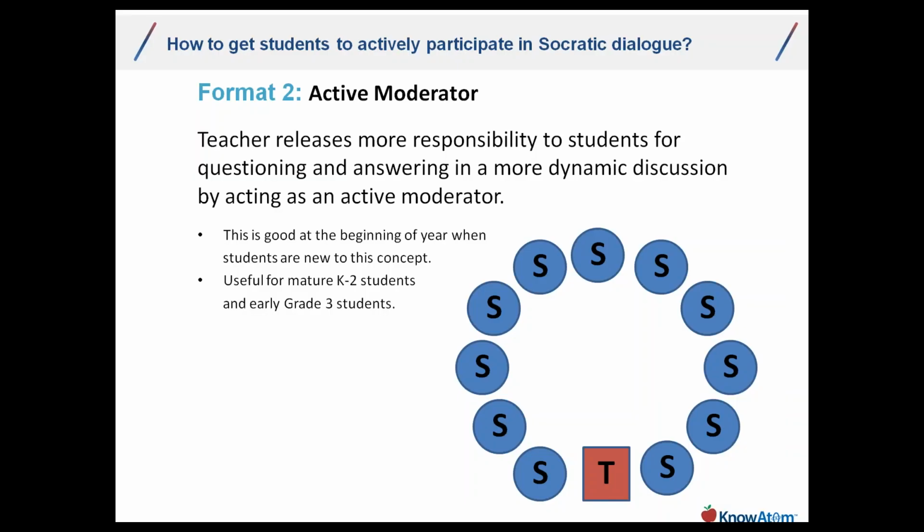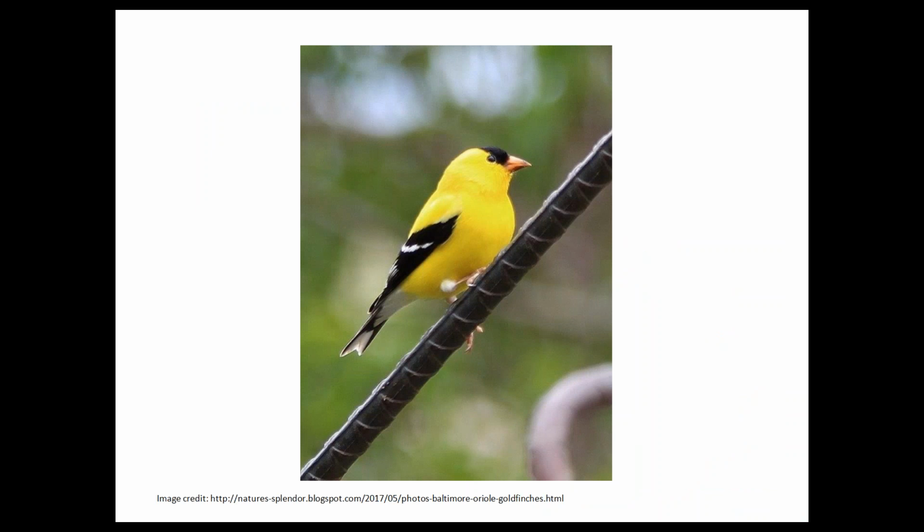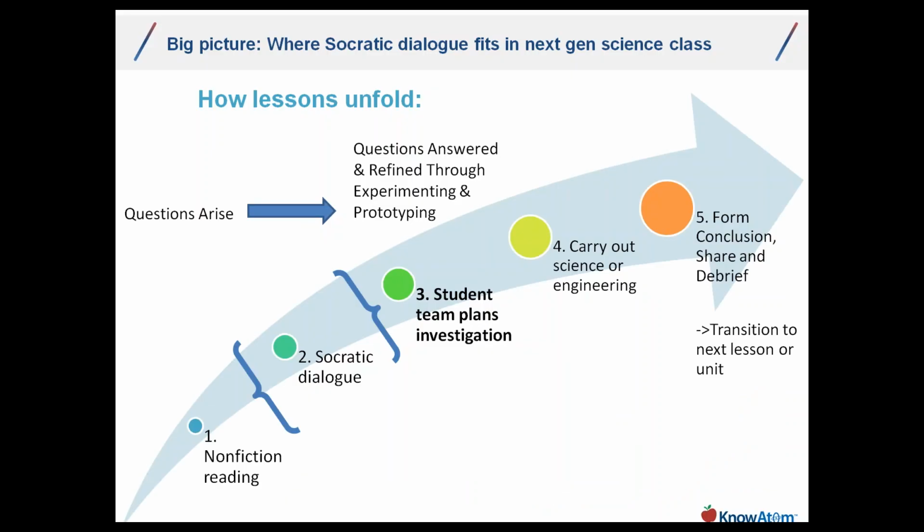What you're going to find, and this is what we found when state evaluators came into our users' classrooms, is that both the Socratic Dialogue and this type of environment, a KnowAtom model, give students an opportunity to take the content off the page and engage it kinesthetically, visually, and verbally.